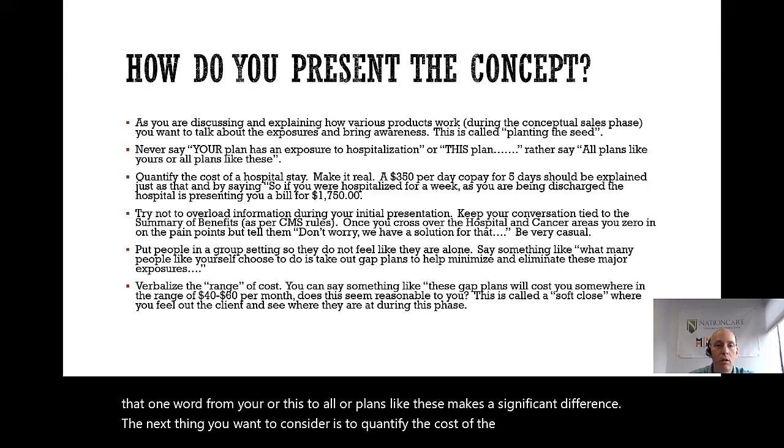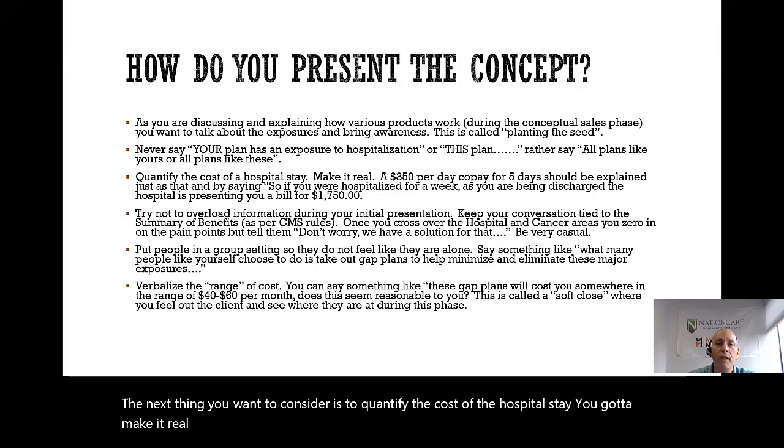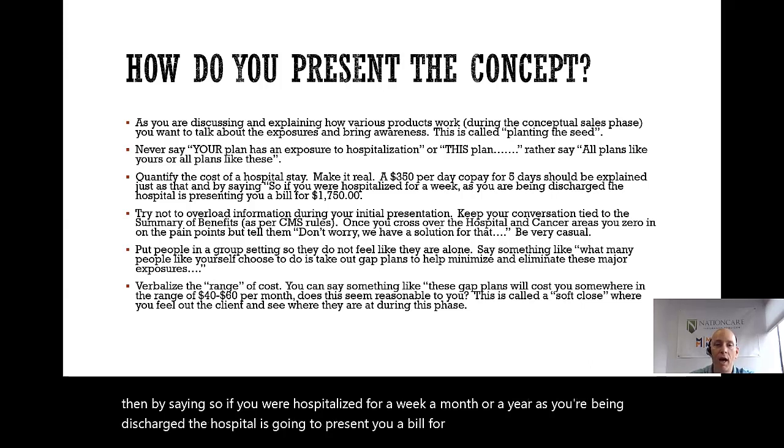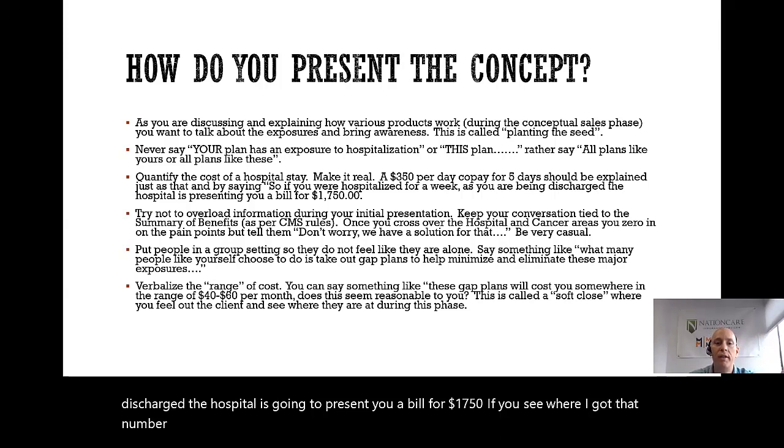The next thing you want to consider is to quantify the cost of the hospital stay. You've got to make it real, okay? A $350 per day copay for 5 days should be explained just as that. And then say, if you were hospitalized for a week, a month, or a year, as you're being discharged, the hospital is going to present you a bill for $1,750. If you see where I got that number, that's $350 a day times the 5 days equals $1,750.